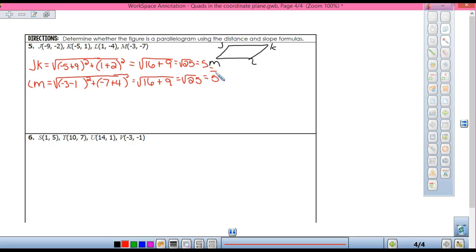So those are equal, right? And then we have to check the what? Gotta check the slope.